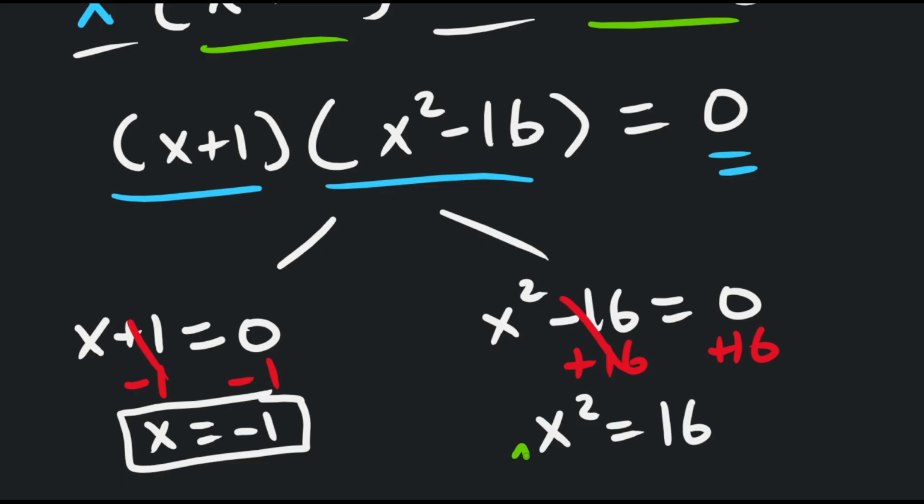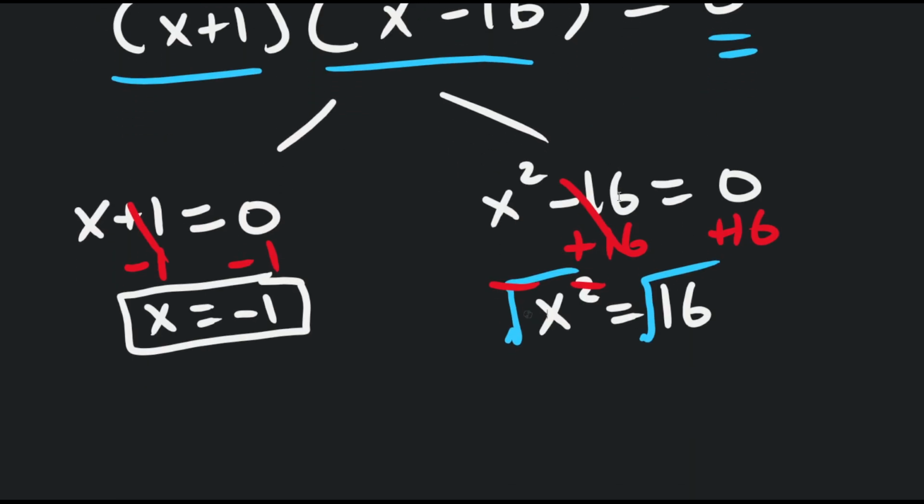And we're going to take the square root of both sides. And that square root will cancel out the squared. So we have x equals, and again, we just took the square root of both sides of an equation, so don't forget that plus minus. So plus minus radical 16.